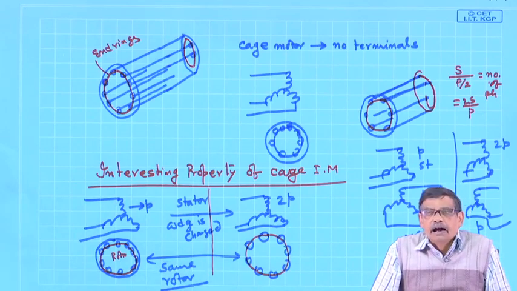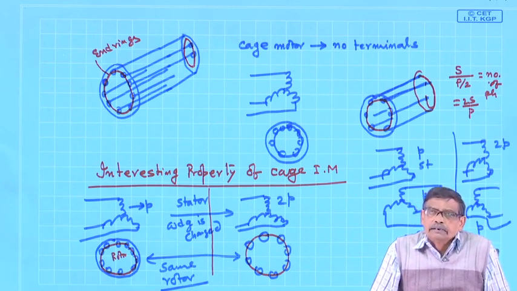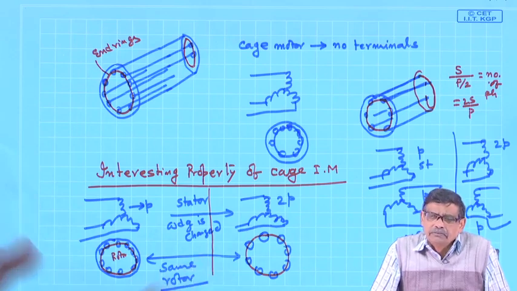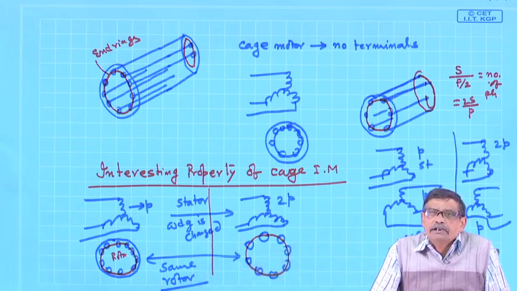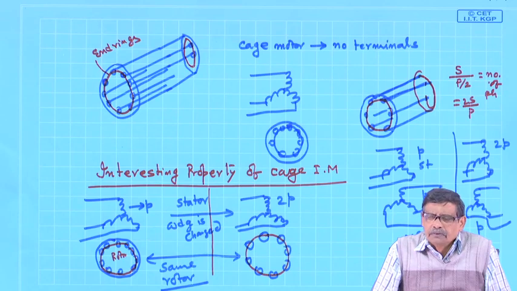In fact, as I told you, an induction motor may be considered to be roughly a constant speed motor like a DC shunt motor, because variation of speed from no load to full load is only very little, is not. If it is a 4-pole machine, synchronous speed is 1500 rpm, therefore, variation of speed will be little.